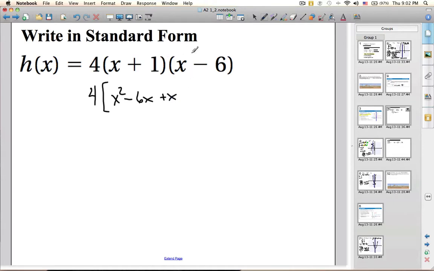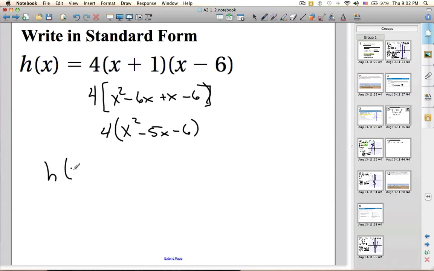And then my lasts, 1 times negative 6 is minus 6. Sorry, when I simplify this, negative 6x plus 1x is negative 5x. So I have x squared minus 5x minus 6, and I need to multiply that times 4.